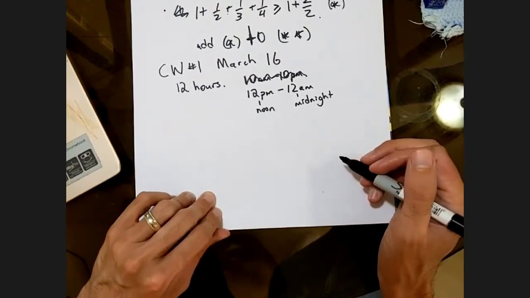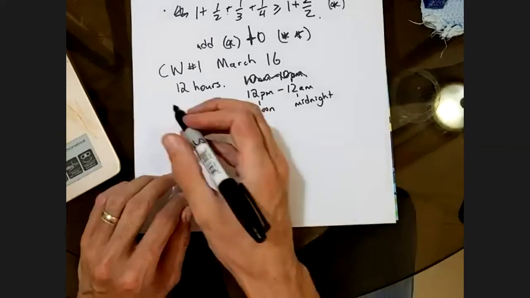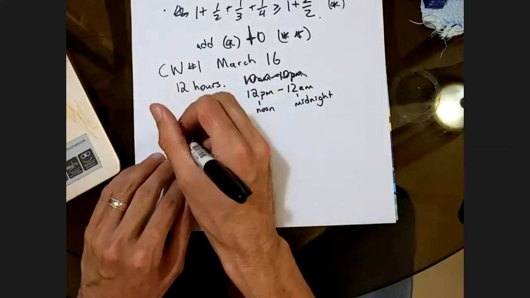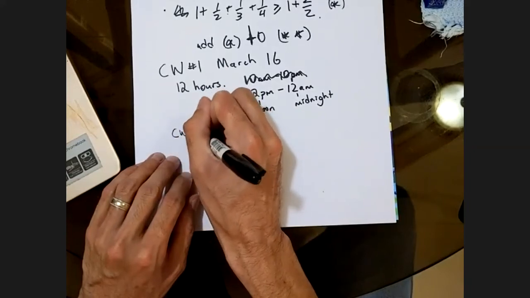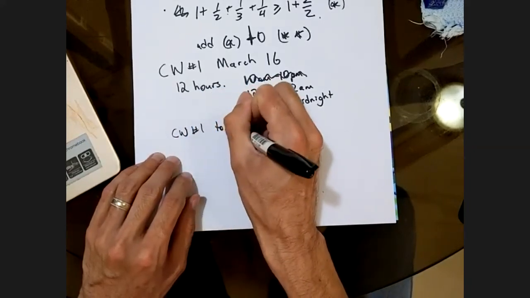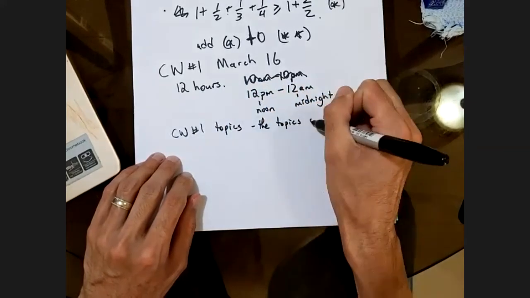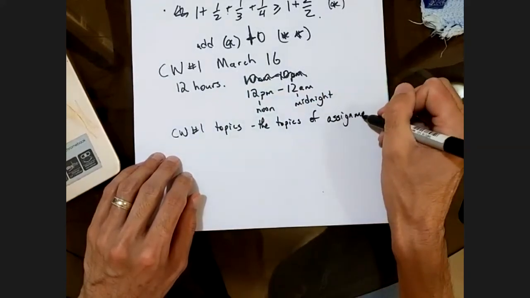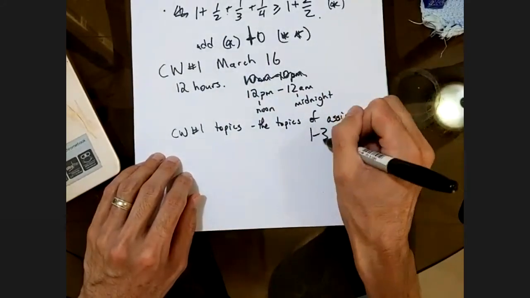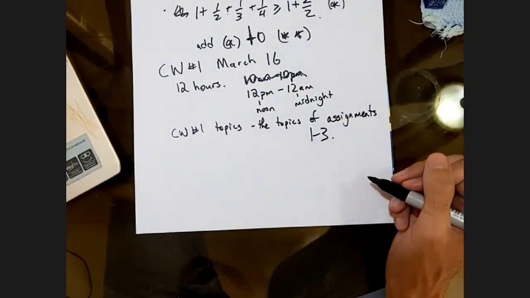And then on the 4th assignment, I'll put some questions. Let me write down first before I keep on talking: coursework 1 topics, just the topics of assignments 1 to 3.